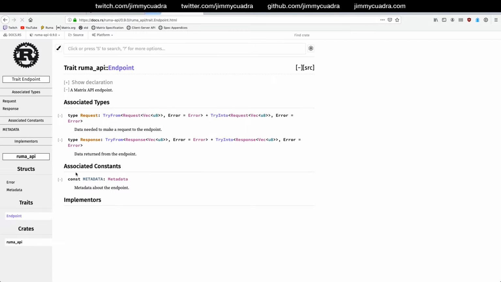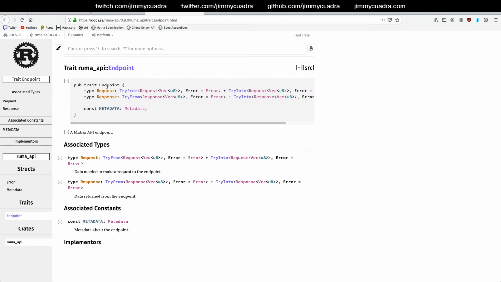In the last version of Ruma API, the endpoint had 2 associated types, request and response, and of course this metadata constant. And what we found was that in Ruma client API, where we're using this endpoint, we were generating a whole bunch of structs with nothing in them to be the point where this was implemented for, so that we could attach these 2 associated types.